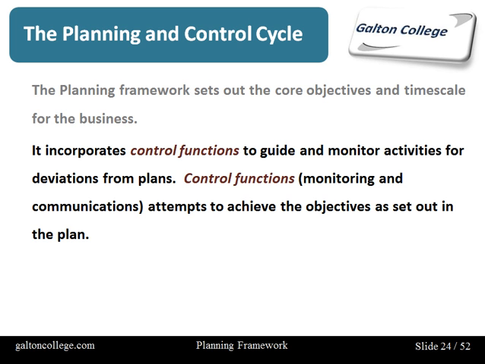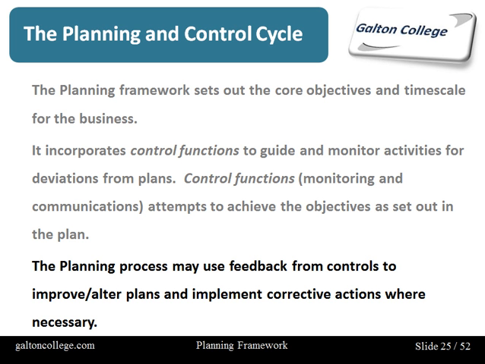So the control functions try to keep the plan on course. And this is particularly important if something comes along to knock the plan off course and will require management intervention to try and correct for that.